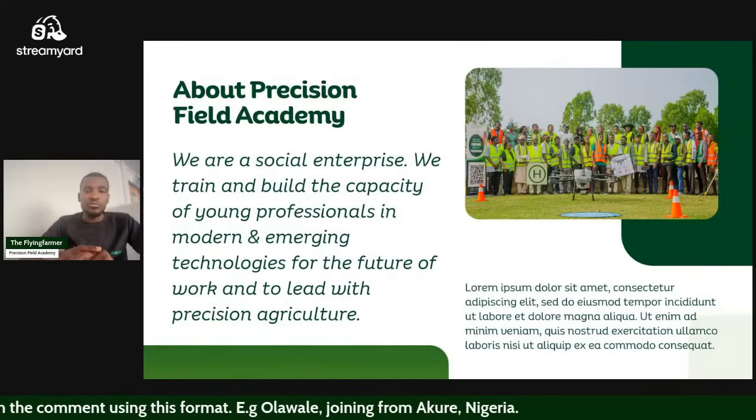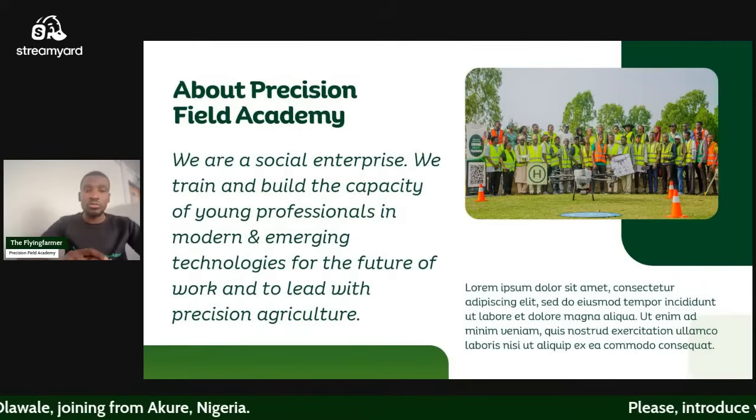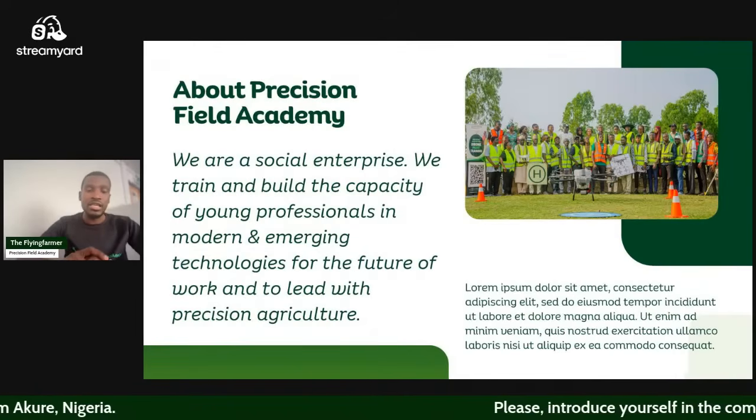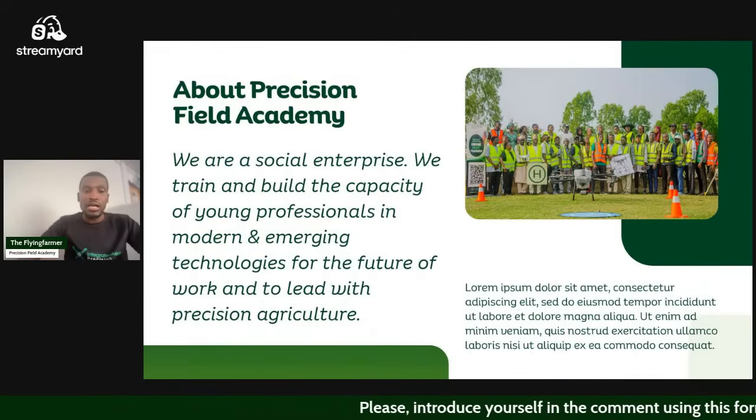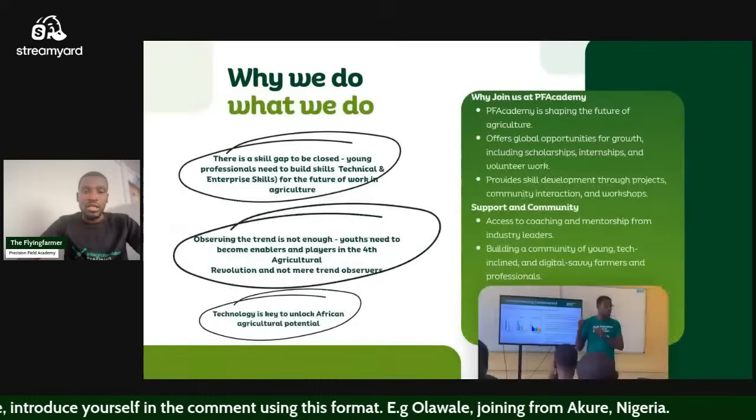I know that many of you might have joined us from different walks of life, considering the subject of focus, which is GIS. I'm going to be talking more about that. But Precision Field Academy is focused on agriculture and related fields.